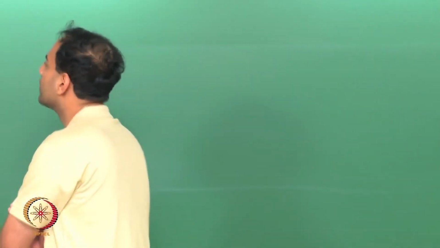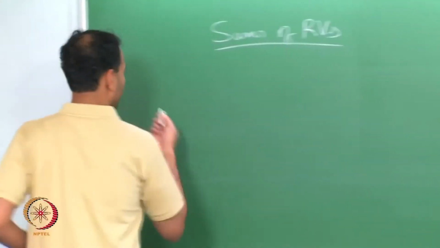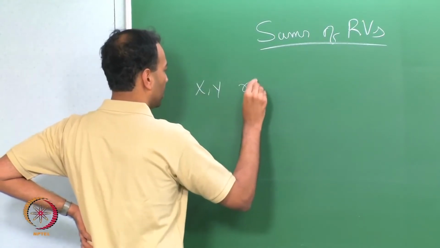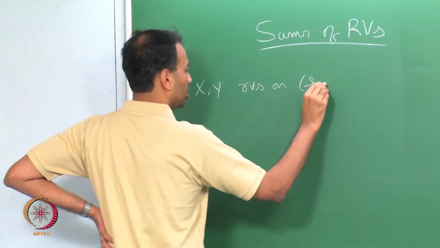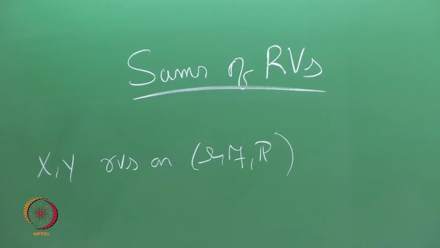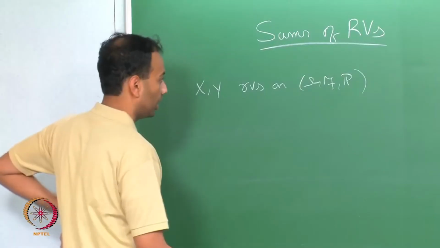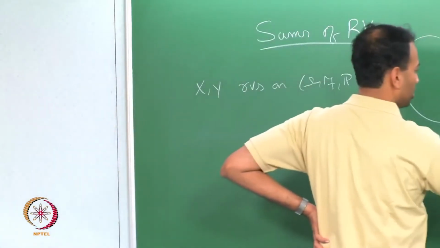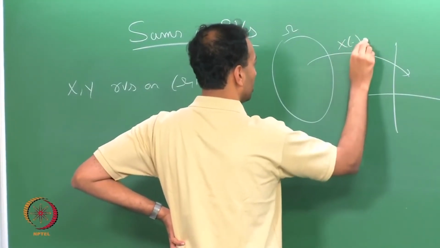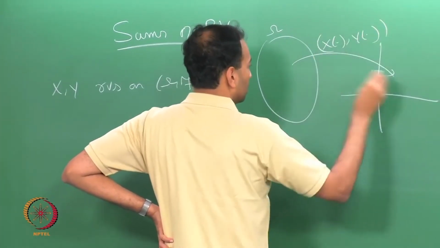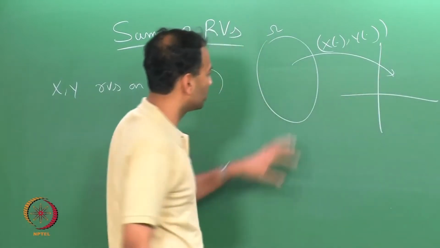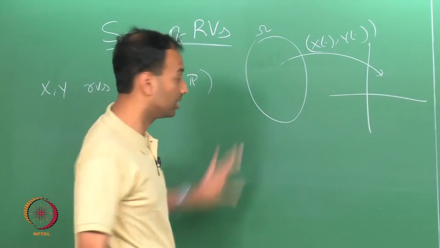So, first of all, let us just take two random variables, x and y, on omega, F, P. Just for you to remember the picture, you have omega and your (x, y) is a map from omega to R 2, and given any Borel set on R 2, the pre-images are F measurable, we know that, right.